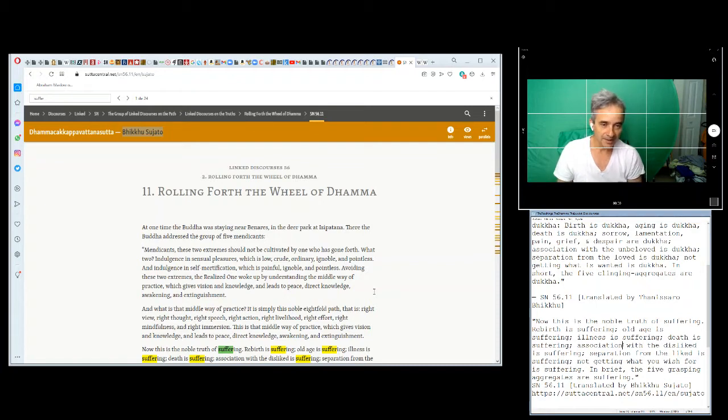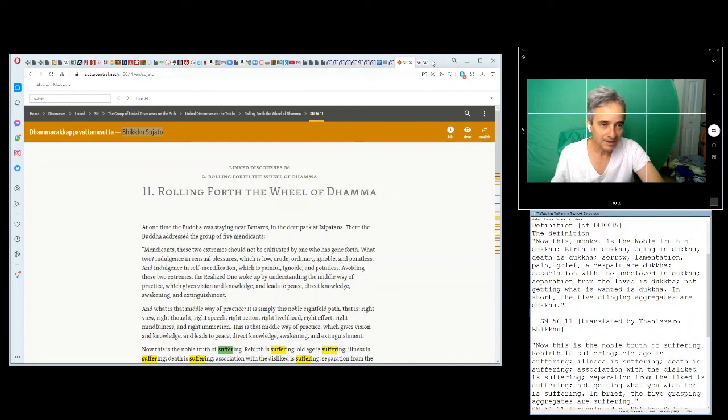There's a Sanskrit and Pali word for clinging. It's upadana, attachment or grasping. So it's been translated as clinging, attachment, or grasping. Although the literal meaning is fuel, so it's energy.